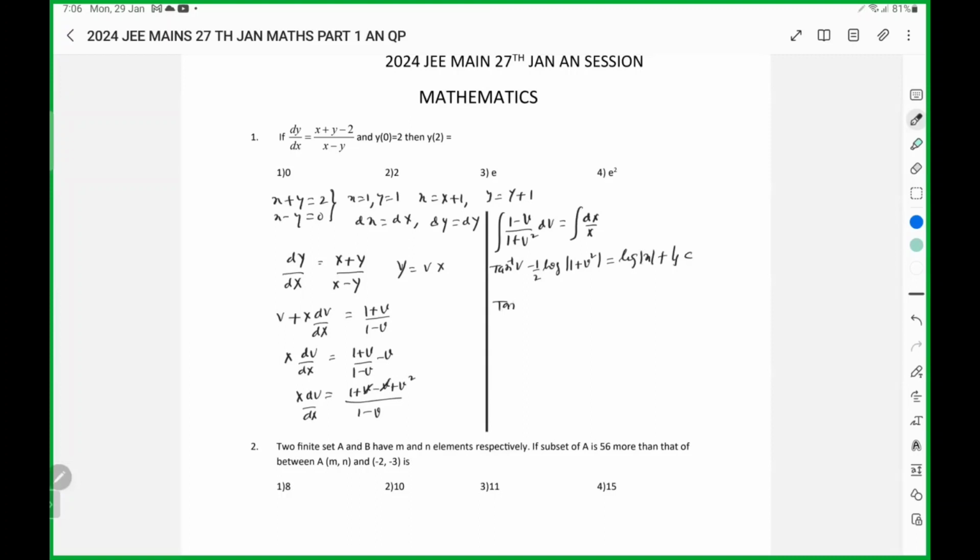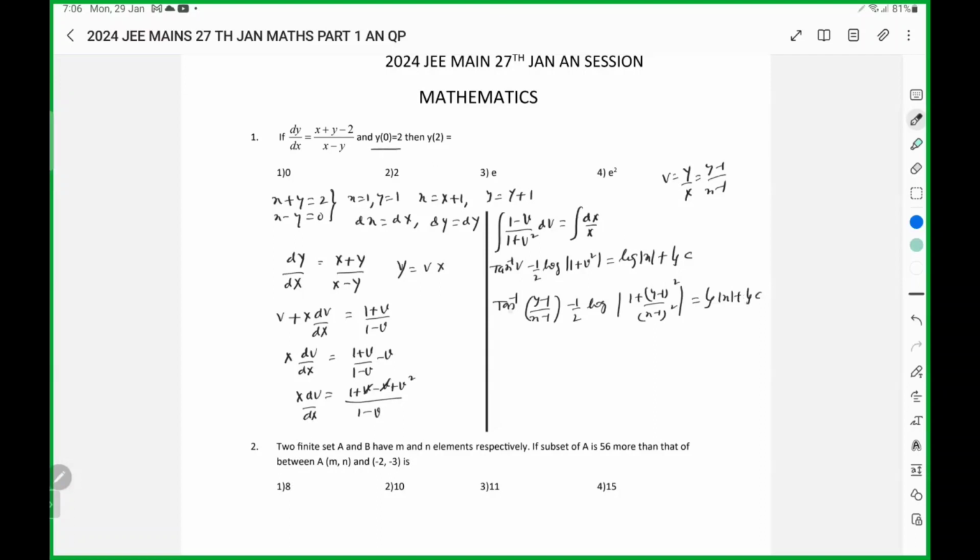Tan inverse v, here v is Y by X, which is (y minus 1) by (x minus 1).